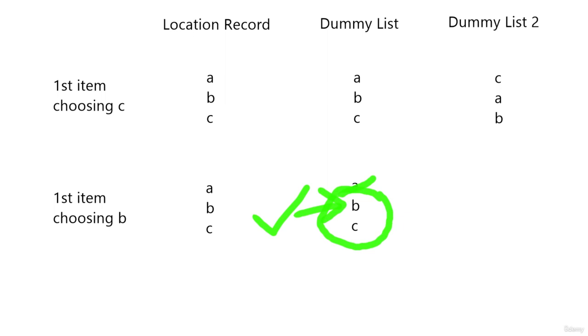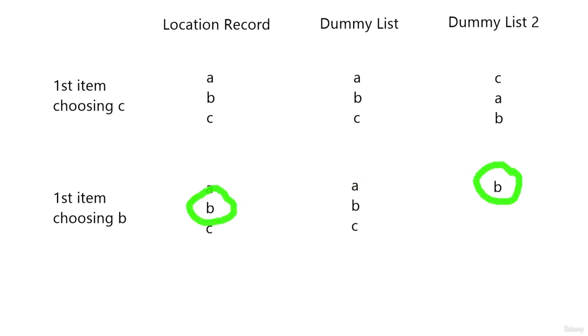If Scratch chooses B randomly, then the first item in the dummy list 2 is B. Unfortunately, the second item in the location record is also B. If there is no if block to instruct Scratch to cancel out one more item, then there are A and C remaining in the dummy list, and it is hard to tell Scratch which one is going to be the next item in dummy list 2.